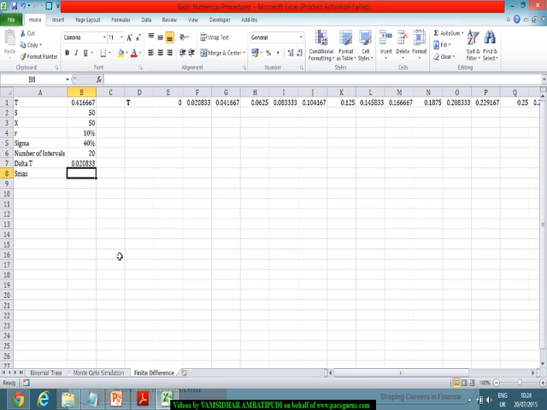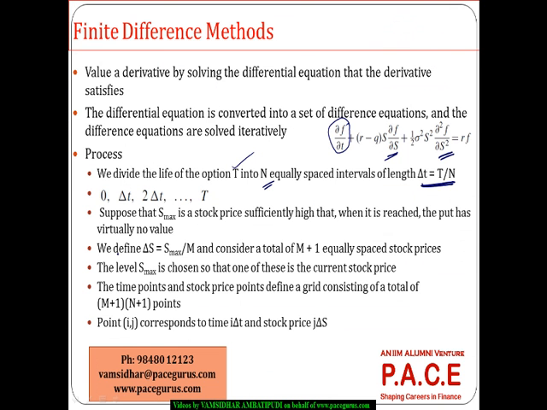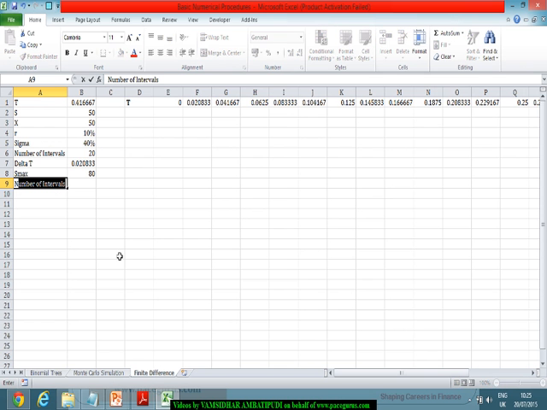So if I say 80, if the stock price is 80, then I'm saying that this put option will not have any kind of a value. Approximately I'm taking some S max stock price that is sufficiently high that the put virtually has no value there. And from there, I'm considering again the number of intervals for S.